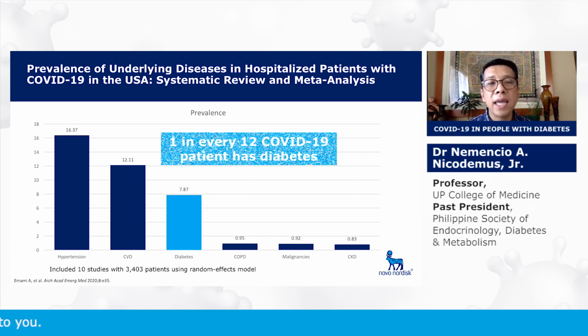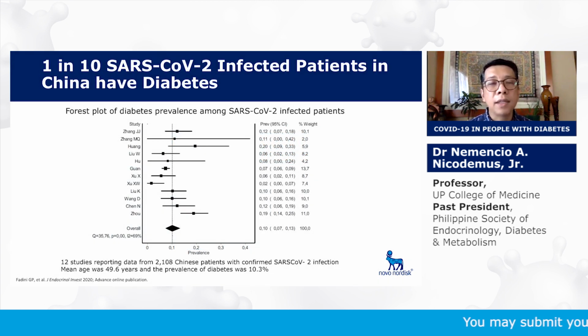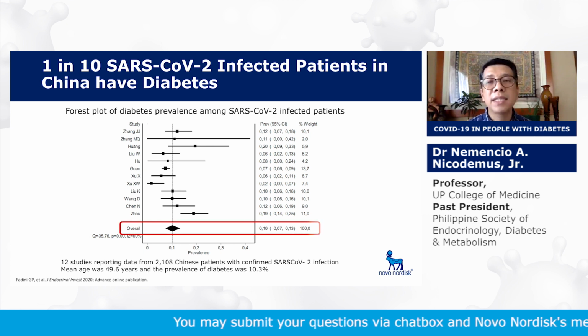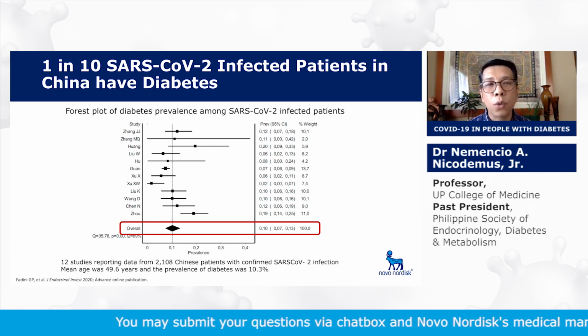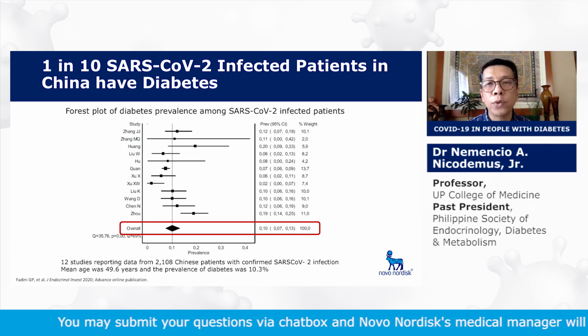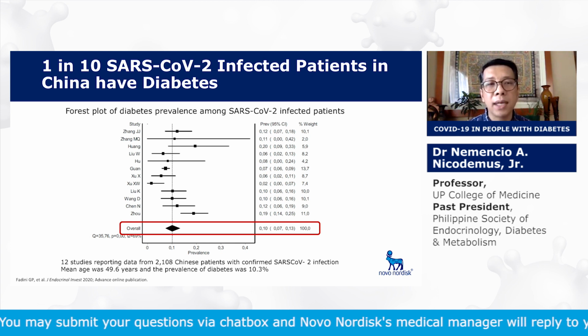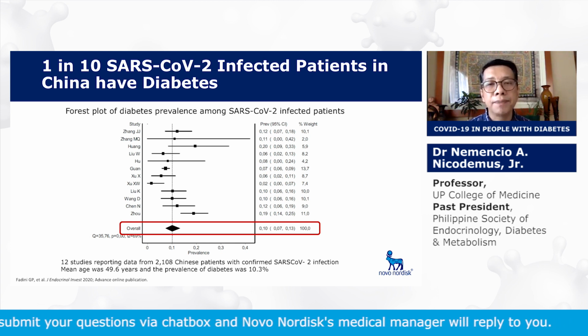Thus, we can say that 1 in every 12 COVID-19 patients in the United States has diabetes. But in another meta-analysis that was conducted among the Chinese population, the prevalence of diabetes among those affected with COVID-19 is 10%. Thus, 1 in 10 SARS-CoV-2 infected patients in China have diabetes.